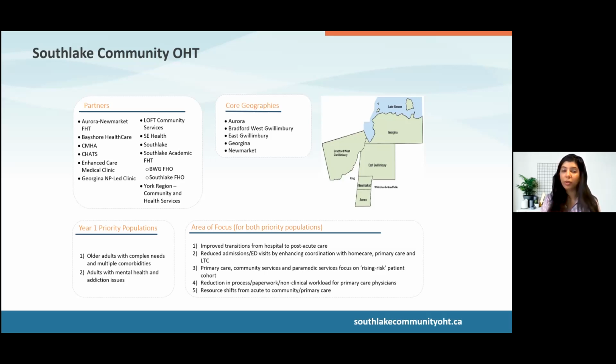The second was focusing on reducing admissions and ED visits by enhancing coordination within the various aspects that make up community care. The third was ensuring that primary care, community services, and paramedic services focus on rising risk patient cohort. The fourth was a reduction in process and the paperwork for primary care physicians.